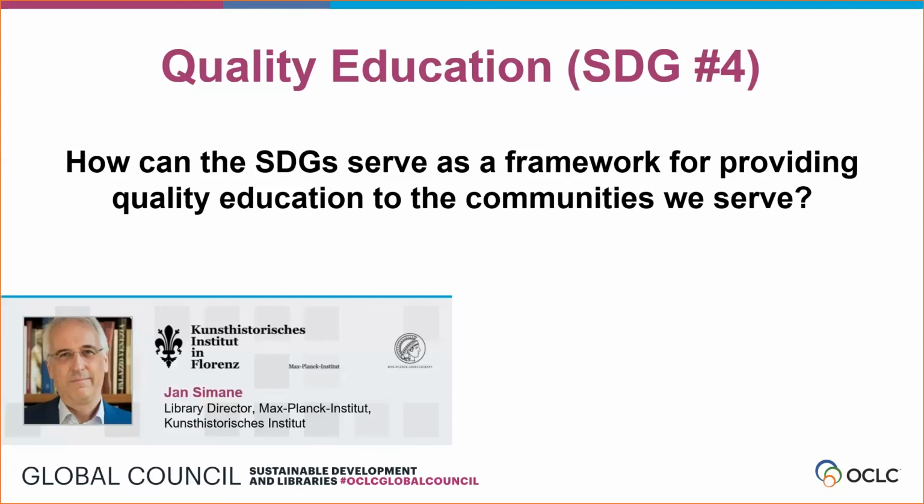So in the SDG context, libraries have many different parts where they have relevance for these goals. We can imagine that this basic quality to provide access in a sustainable form to information has relevance, for instance, for the reduction of inequalities.